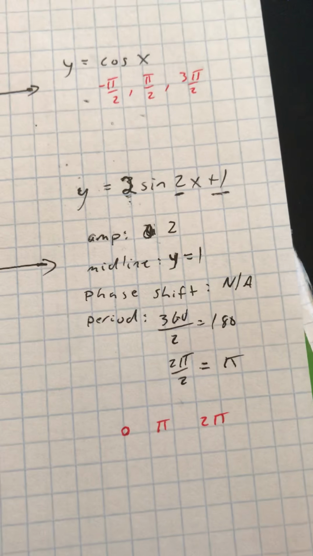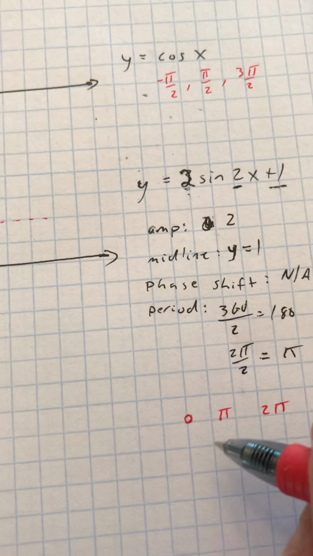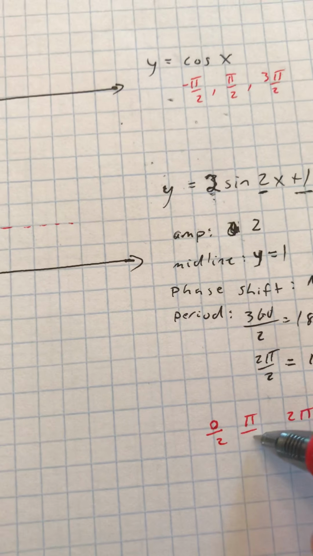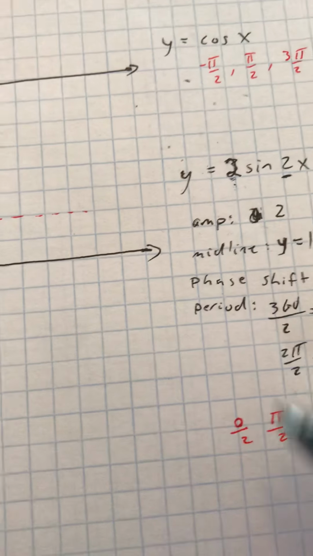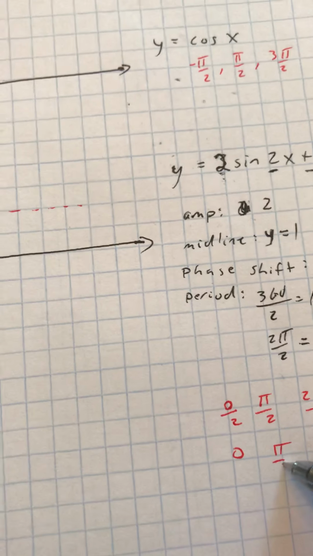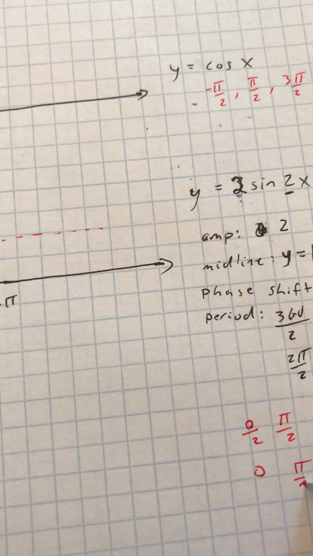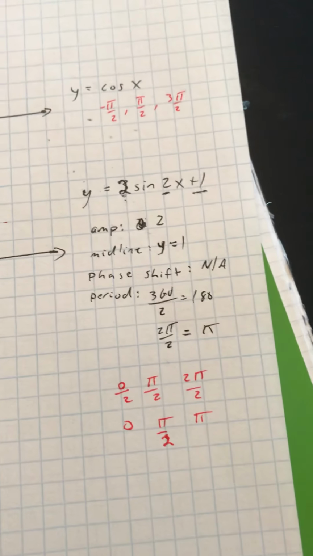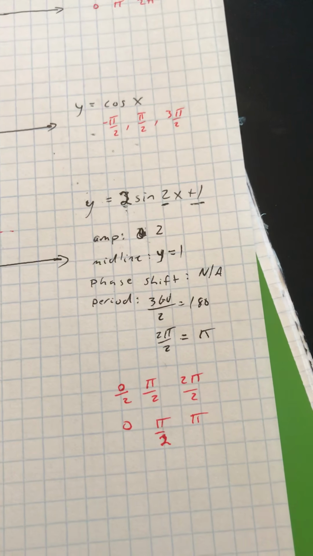We're smashing it inwards, horizontally compressing it, if you want to call it that. So each of these is going to be divided by 2, and that means it's going to cross the axis at 0, pi over 2, and pi. Okay, and that's where I try to put my intersection points. Okay, 0, pi over 2, and pi.